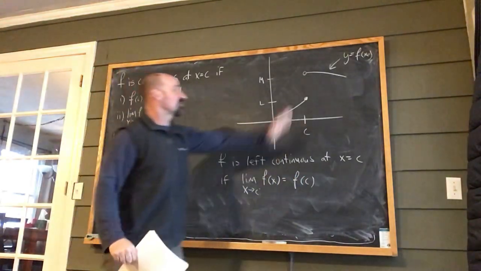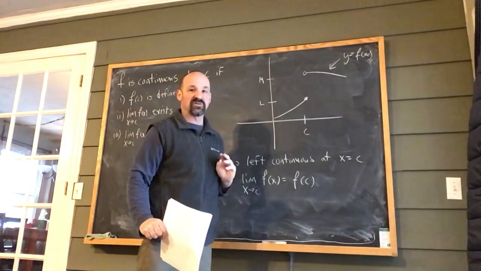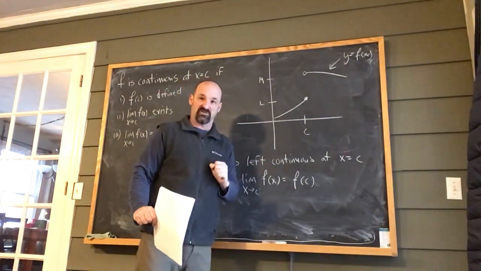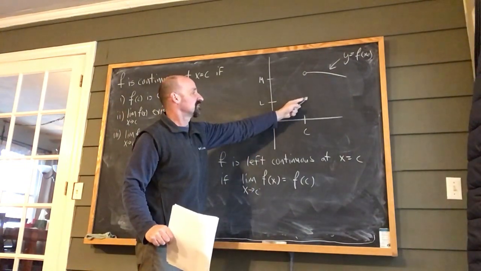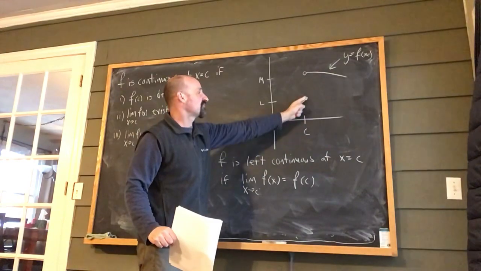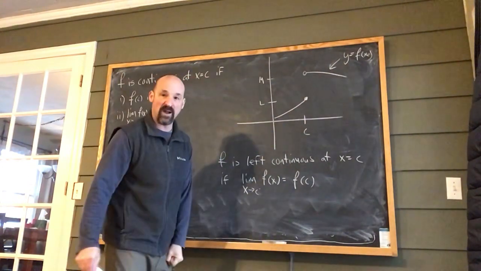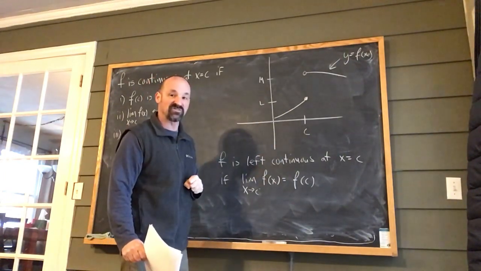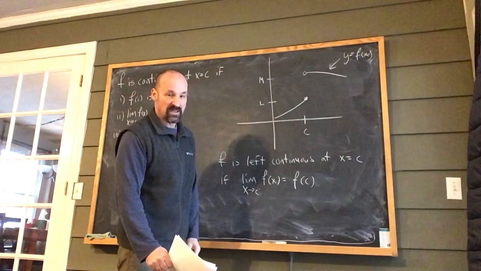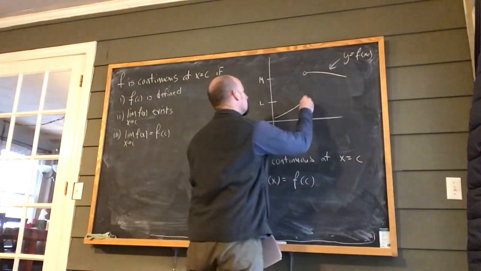Right, we still have this jump discontinuity at x equals c. The function's not continuous at x equals c, but it's left continuous at x equals c. The left-hand limit is equal to L. The function value is equal to L. So in the same way we could talk about right continuous. Let me change the graph so that the function still has this jump discontinuity, but is right continuous at x equals c.